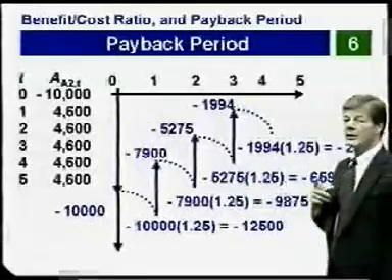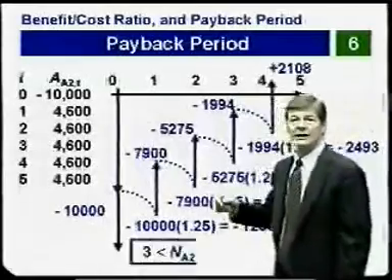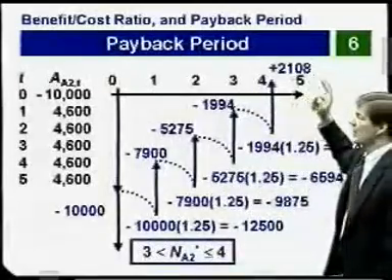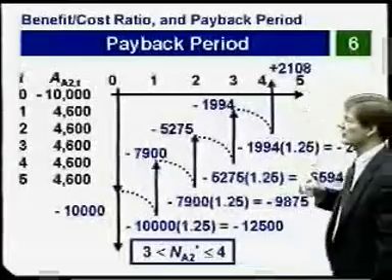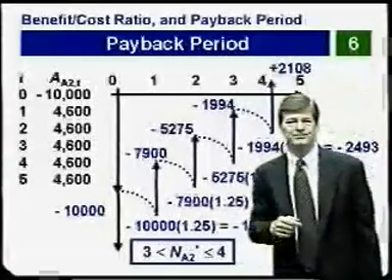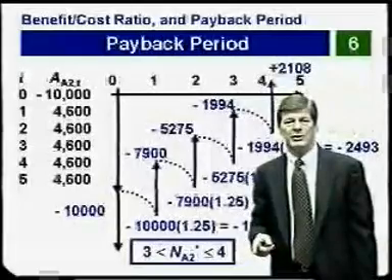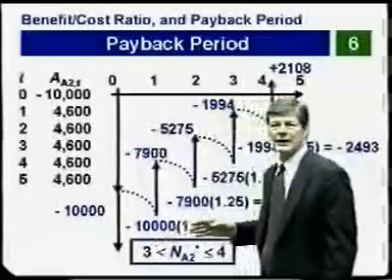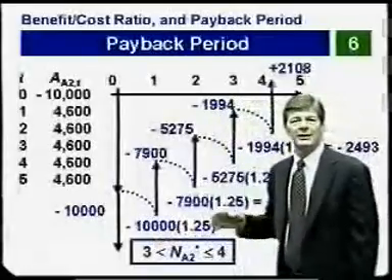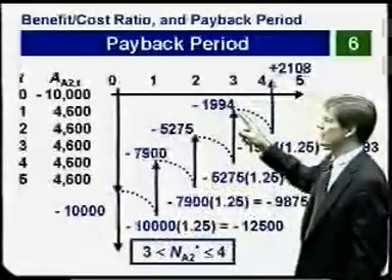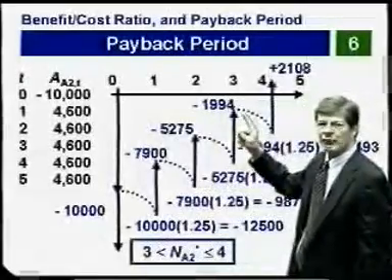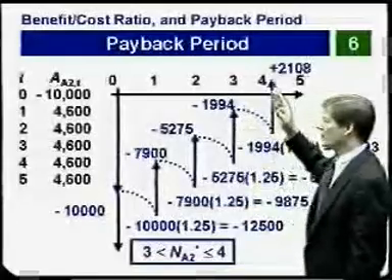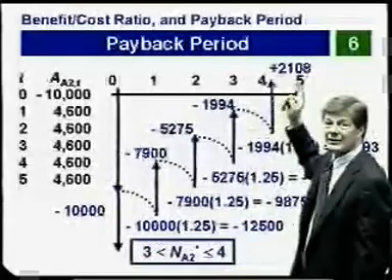I then liquidate another $4,600, and the amount of capital that remains is a positive $2,108. The payback period for this problem is somewhere between 3 years and 4 years. You'll notice by the 3rd year, we had not yet quite gotten back all of our initial investment. By the 4th year, we had gotten it back and then some.